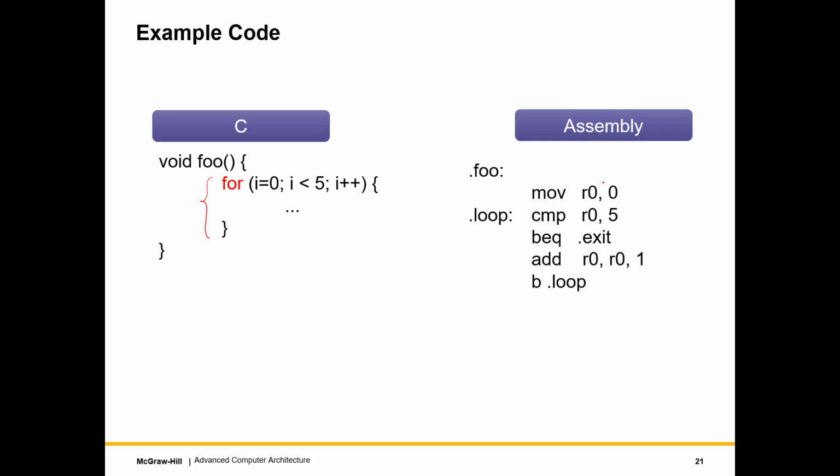So what we do is that we treat R0 as the loop variable. We initialize it to 0. So then we compare it with 5. If it is equal to 5, then of course we exit the loop. This is our termination condition. Otherwise, in every iteration of the loop, we increment the loop variable by 1, which we are doing over here, and again we loop back. So this is the loop.